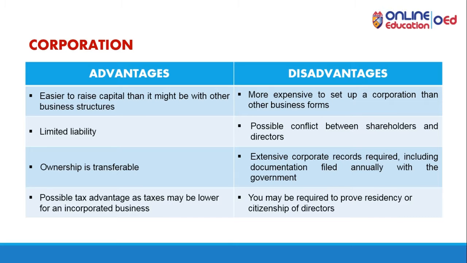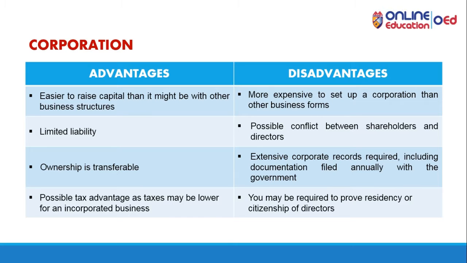So disadvantages: more expensive to set up a corporation than other business forms. So as what I said a while ago, sole proprietorship is inexpensive and easy to register. Partnership, the same goes as well. But however, for corporation, it might be a little bit difficult since it is a high level of business structure, so it is more expensive.